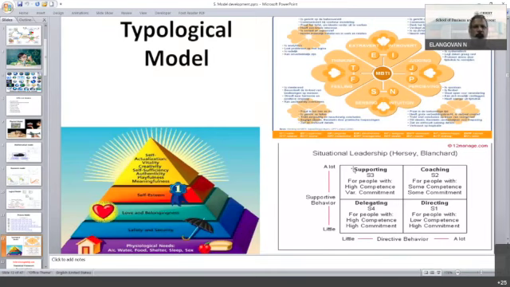The best example for a topological model is Maslow's need hierarchy model. So you know Maslow's need hierarchy. Earlier we used to have 5 needs. Nowadays it has increased.